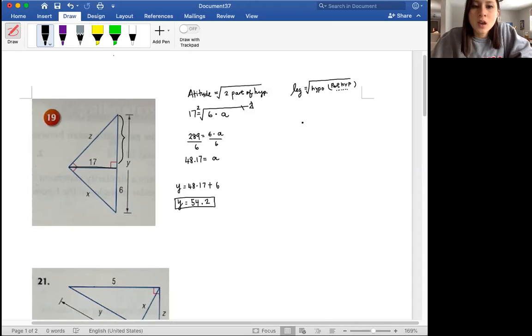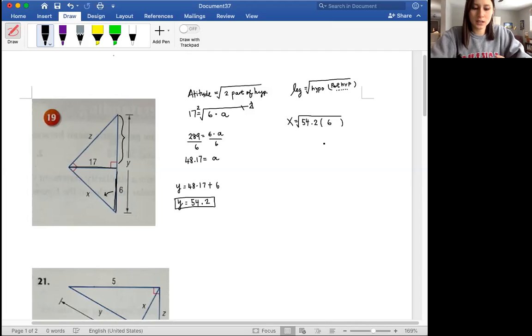So that means x equals the square root of the entire hypotenuse, which is y, and we actually found that. So that would be 54.2-ish, right? We're rounding, or 54.17, times the part of the hypotenuse that's touching the leg. So we're looking for x. 6 is touching x, and so we're going to multiply that by 6.